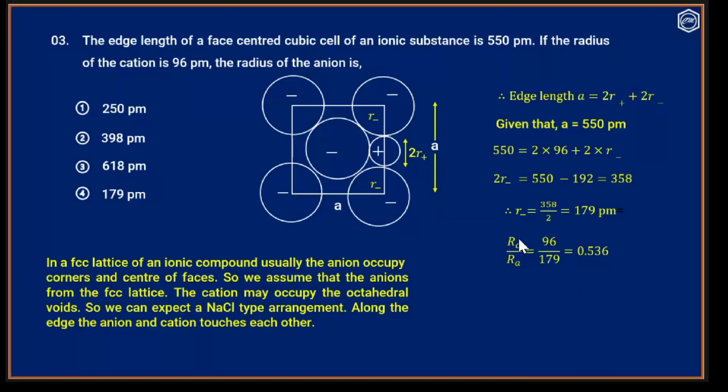Then from the radius ratio, R cation by anion is 0.536, and this is within the range of 0.414 to 0.732, that is for an FCC lattice. So the answer is 179 picometer.